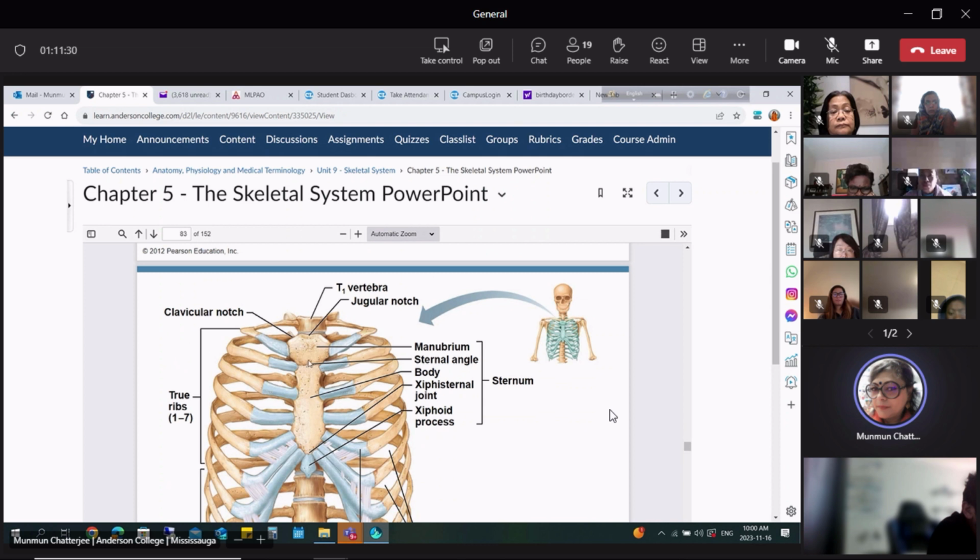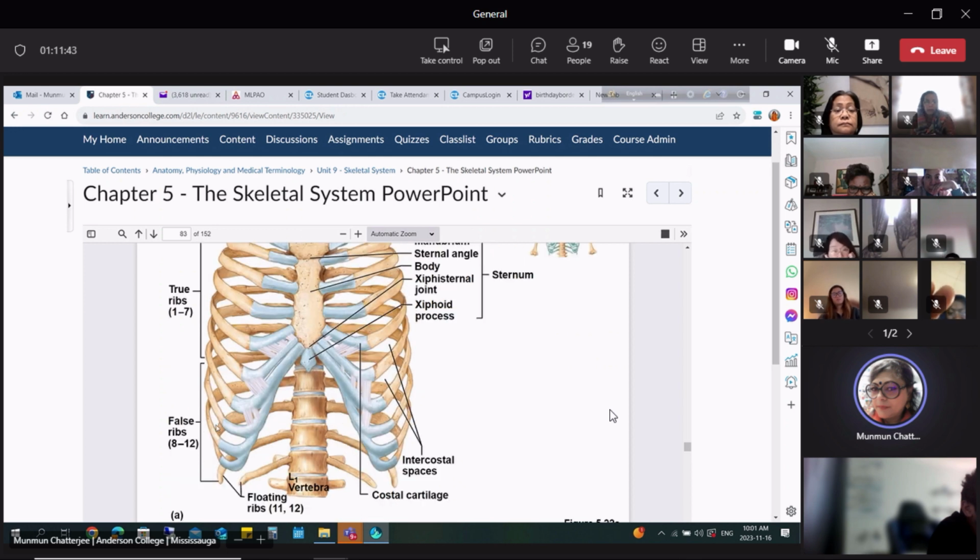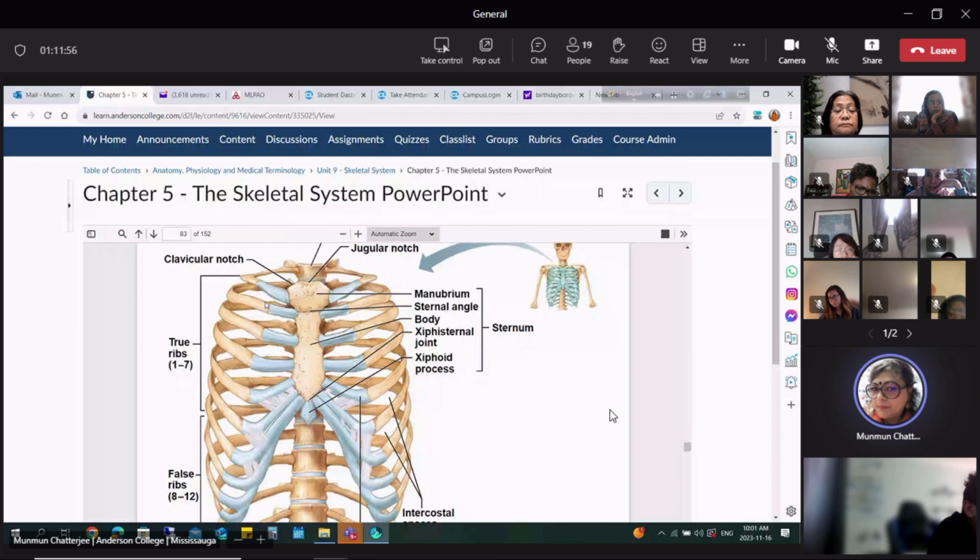So what is that? We have true ribs 1 to 7: 1, 2, 3, 4, 5, 6, 7. These are called the true ribs. And these are called the false ribs. Why are they false ribs? Because these are not connected. True ribs means they are connected with the sternum and to the vertebra. These are connected here, remember, with the sternum and to the thoracic vertebrae.